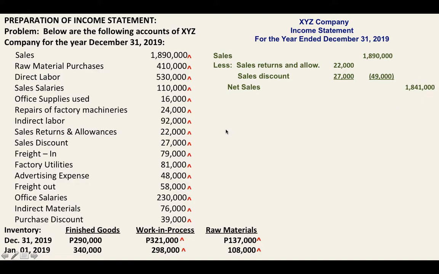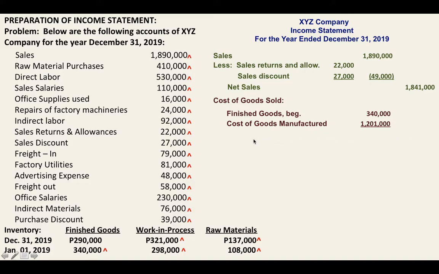The next thing to do is your cost of goods sold. In computing your cost of goods sold, you first have to consider your inventory beginning, which is 340,000. Then add the cost of goods manufactured. Since we already have a statement, we will just indicate the amount derived from our cost of goods manufactured.